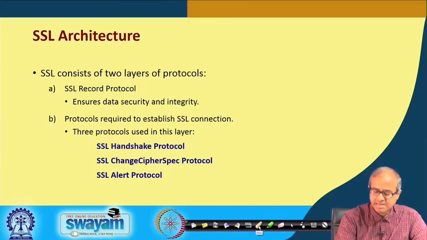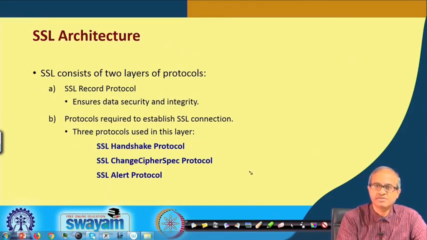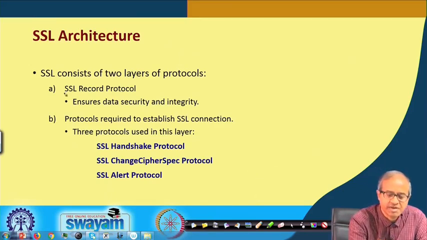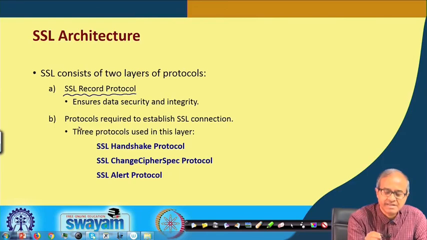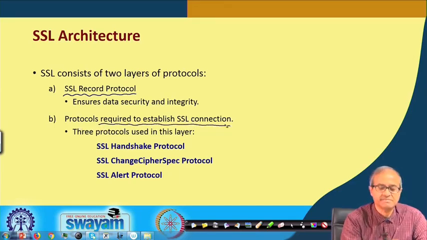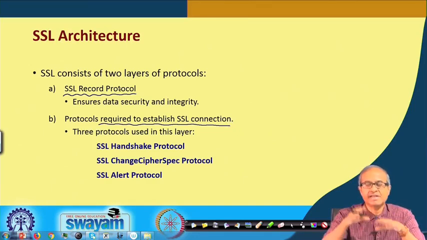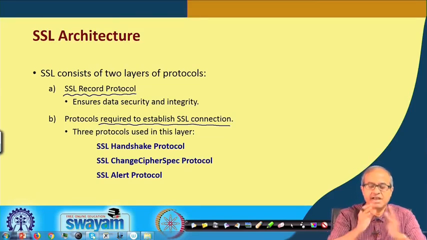Talking about the SSL architecture, there are broadly two layers of protocols. One is called the SSL record protocol, and the other layer has the protocols required to establish the connection. Now, in the SSL record protocol, all encryption and authentication, hash functions, etcetera, are handled by this layer.